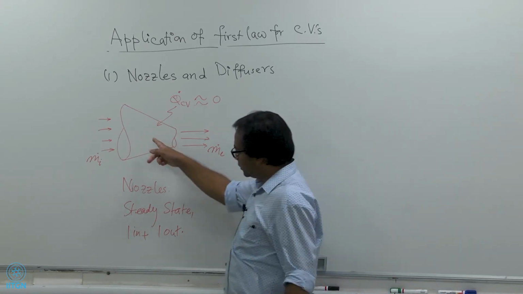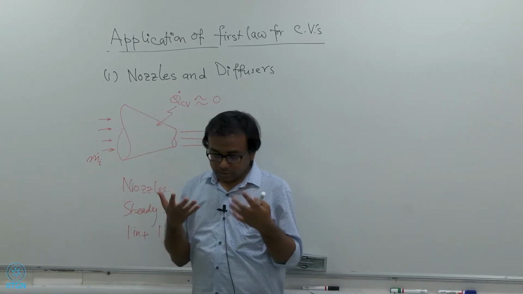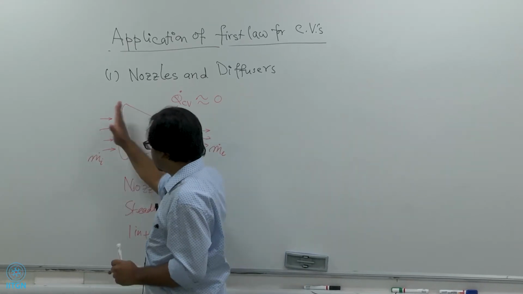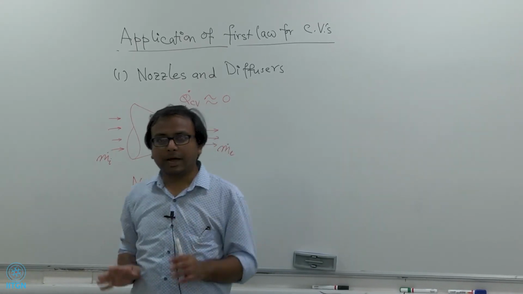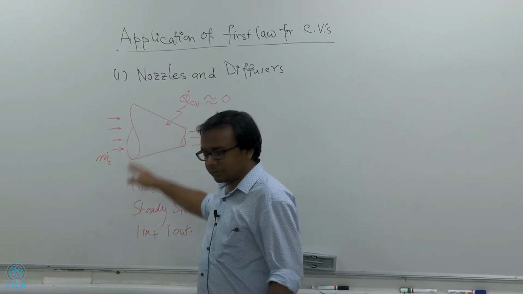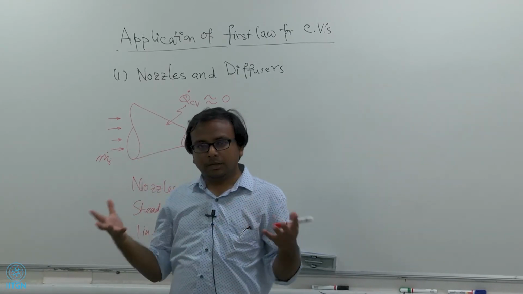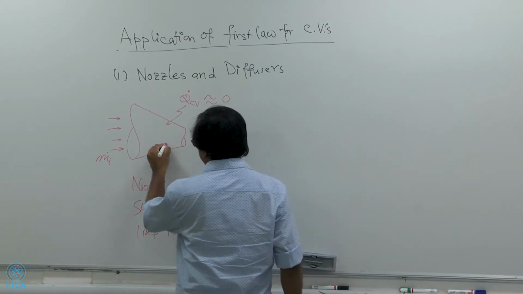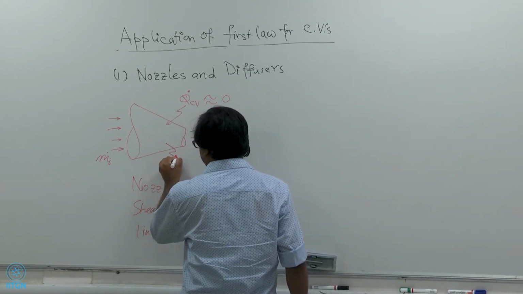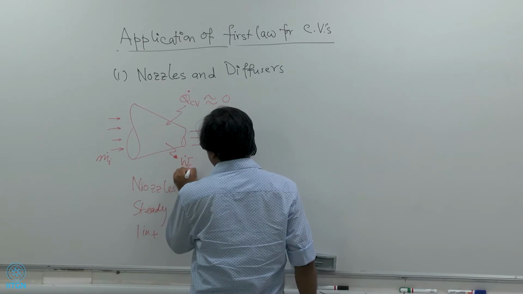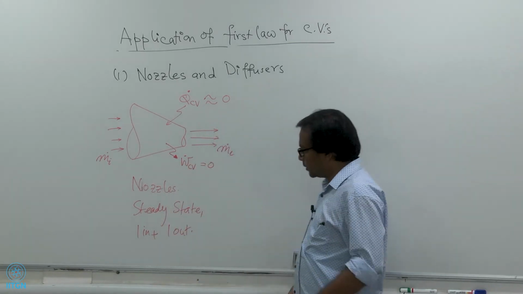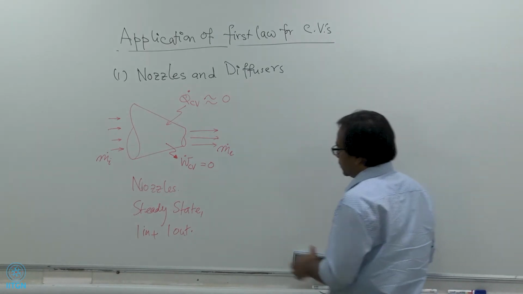And of course, this nozzle is not doing any work, any non-flow work. You remember again, the flow work is there at the inlet and the outlet, but apart from that, it is not rotating any kind of shaft or expanding against an ambient pressure. So, the non-flow work, W dot CV, is equal to 0. Again remember, this is non-flow work.